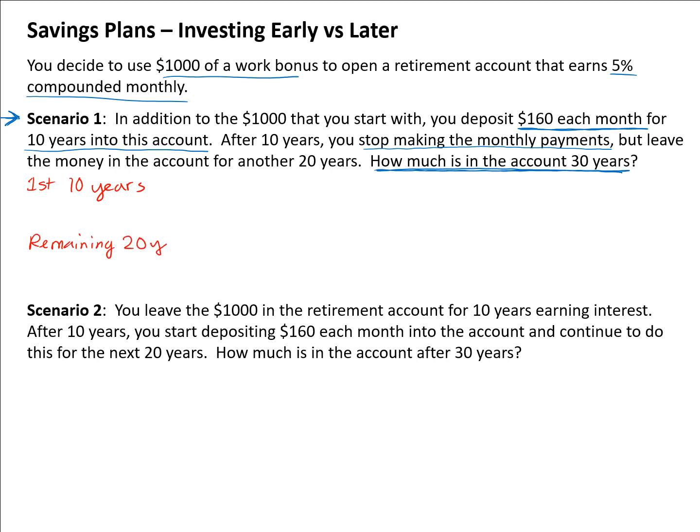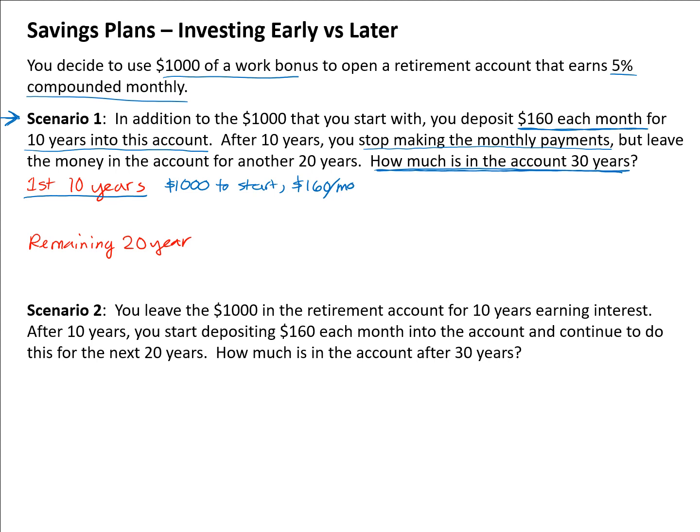So we need to look at both of those situations. Okay, so let's start with the first 10 years. In the first 10 years, you've deposited $1,000 and you have then taken $160 per month and put it in the account.